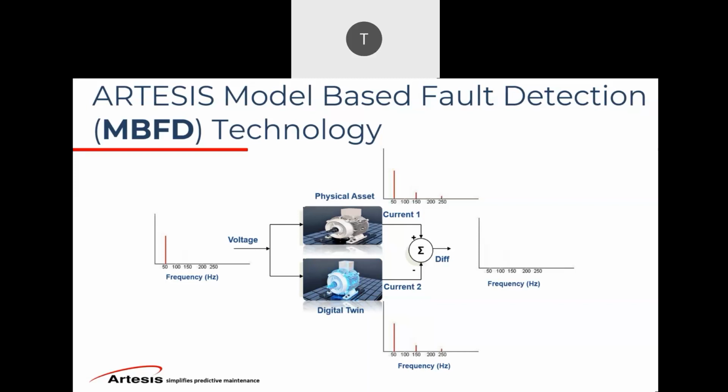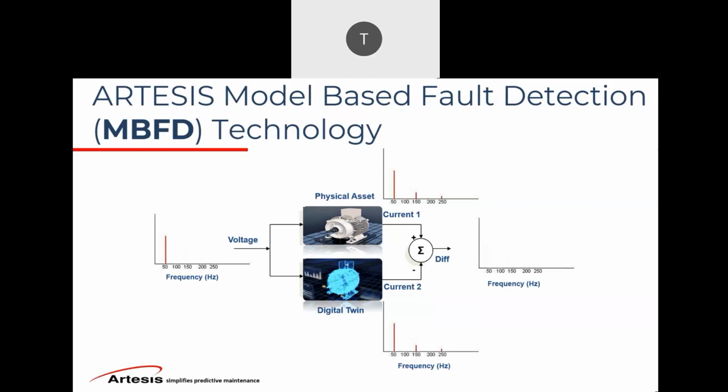Now by analyzing these distortions and the root causes, you can actually find mechanical faults. And that is really the basics of this technology. As you can see here, if you have two identical motors with the same condition and the same supply voltage, you will have the same level of current waveform distortions.